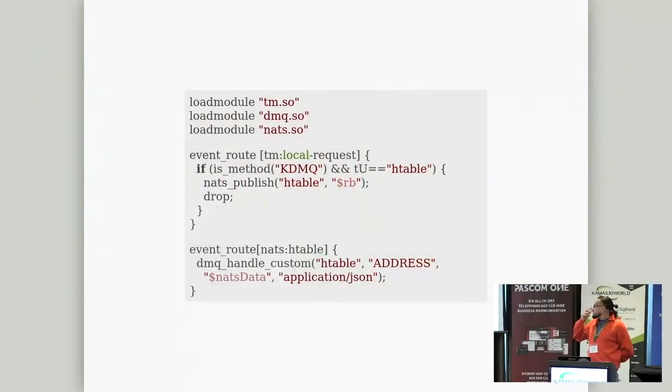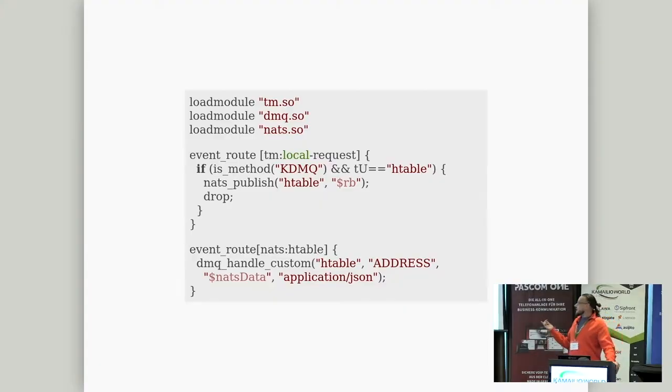In the event route local request, which is fired when some local request is created, we are filtering by the KDMQ method and especially by the user htable, because we are interested only in htables here. We just publish this data, and we do drop. It's really important. You need to drop this message if you don't want it to be sent via SIP.